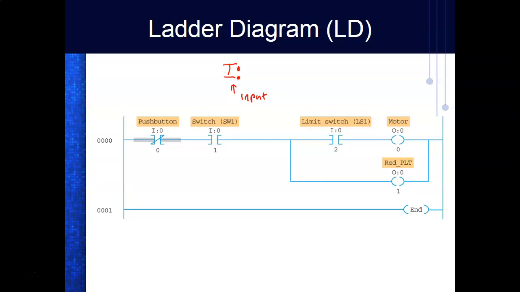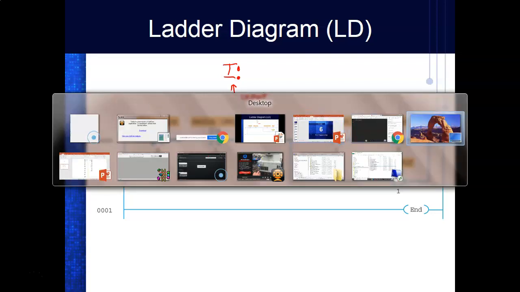So the 1100 has, let's see, 1, 2, 3, 4, 5, 6, 7, 8, 9, 10 inputs, and it's got 6 outputs. If we look real close, let me bring my camera up. They're going to give you the basic address of each one of these.